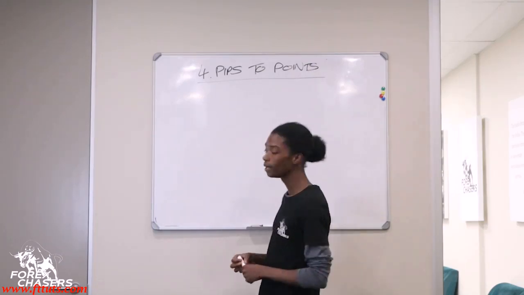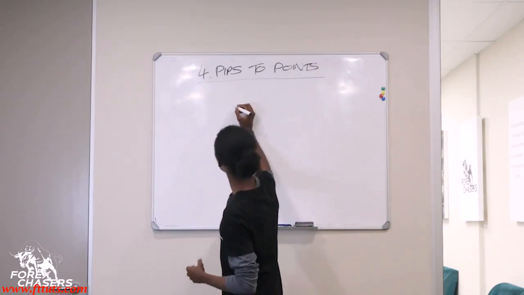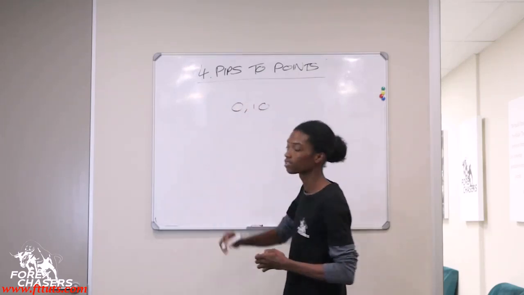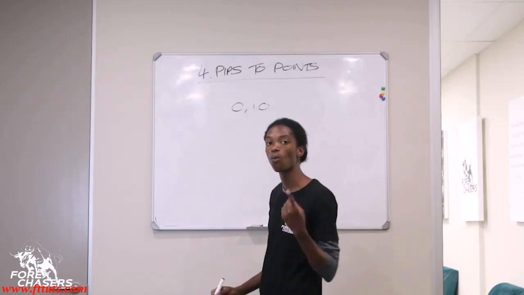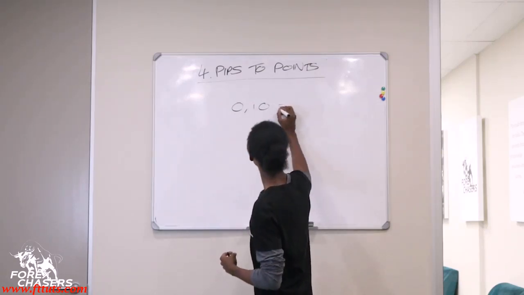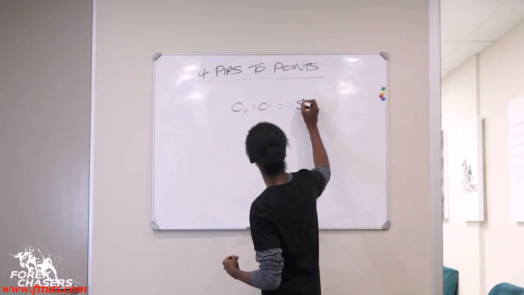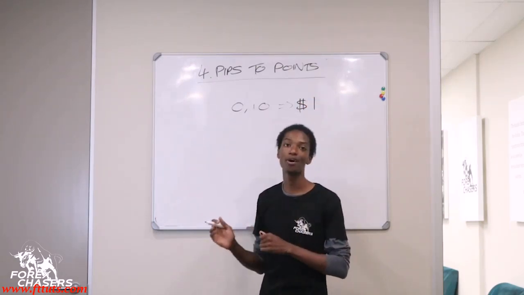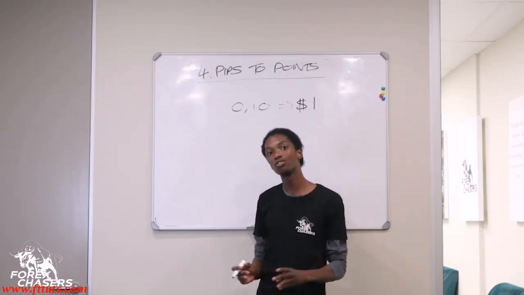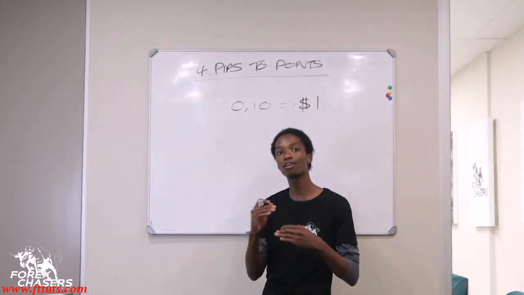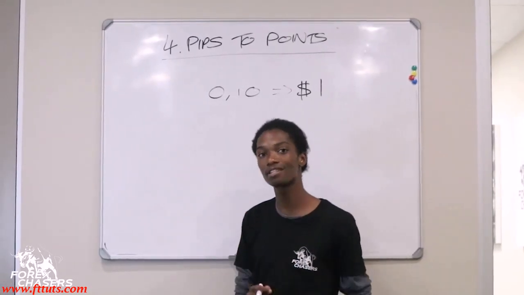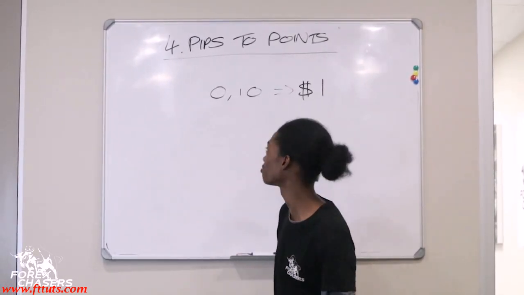So at 0.10 lots, one pip is worth $1. Now, translating pips to points is super simple. You could go on the internet and find a whole lot of other methods, but this is literally the simplest method that you guys can use.